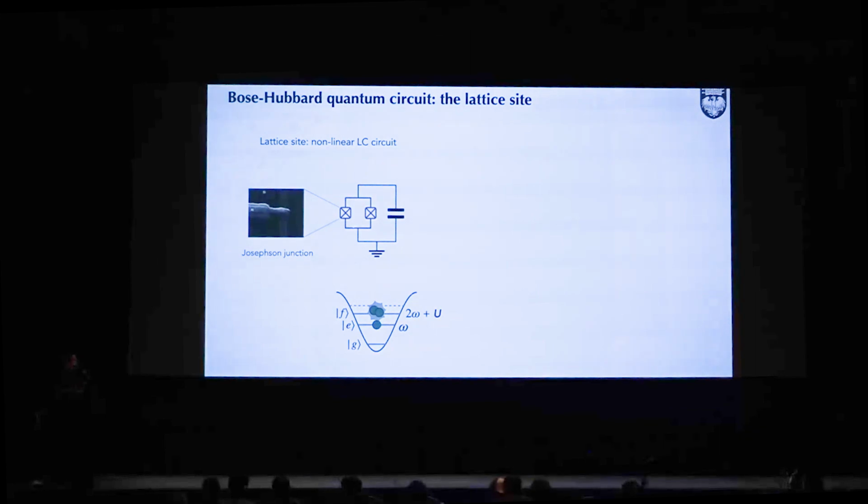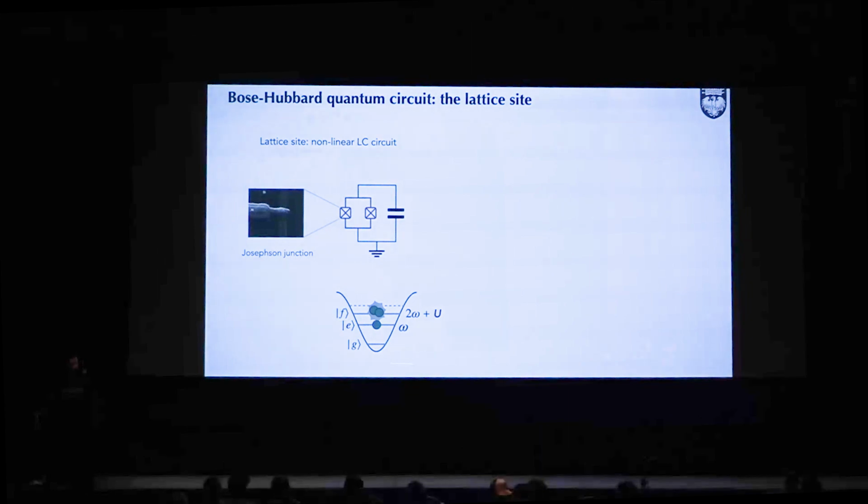The nonlinearity of the Josephson junction gives you, as I'm showing here, an anharmonic energy spectrum. You can think of it either as a particle quantized in a cosine potential, or as the Josephson junction acting as a nonlinear inductor, where every time you put in an extra photon or quantum, it changes the inductance and therefore changes the energy structure and makes it anharmonic.